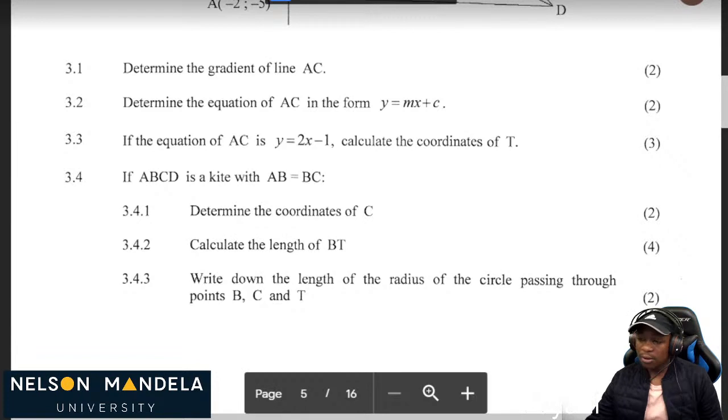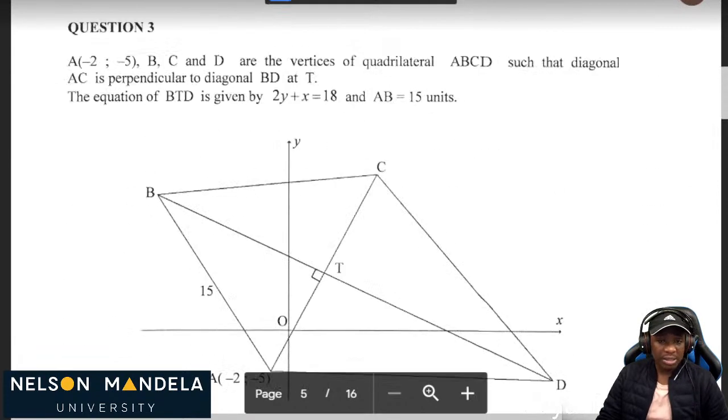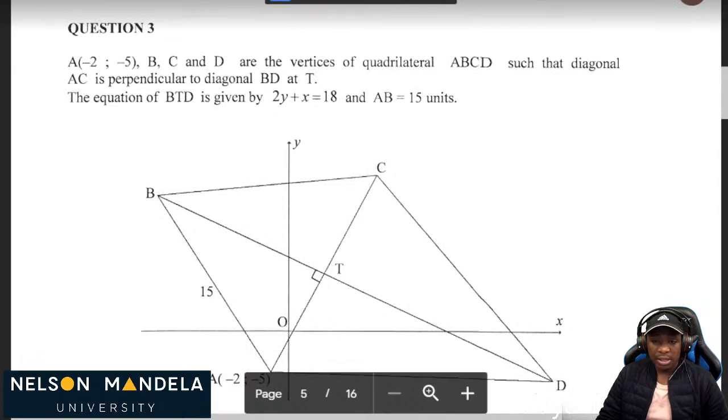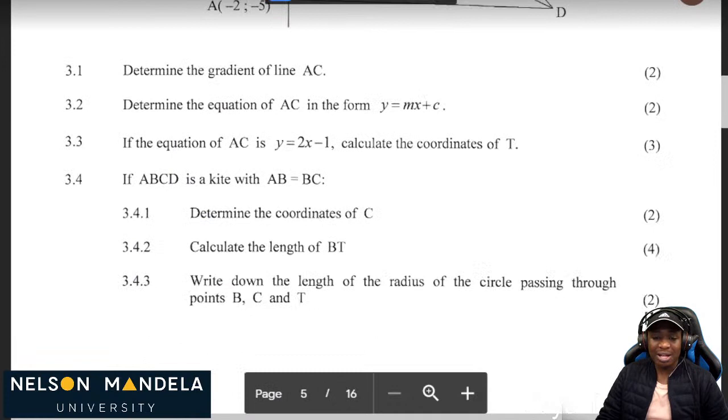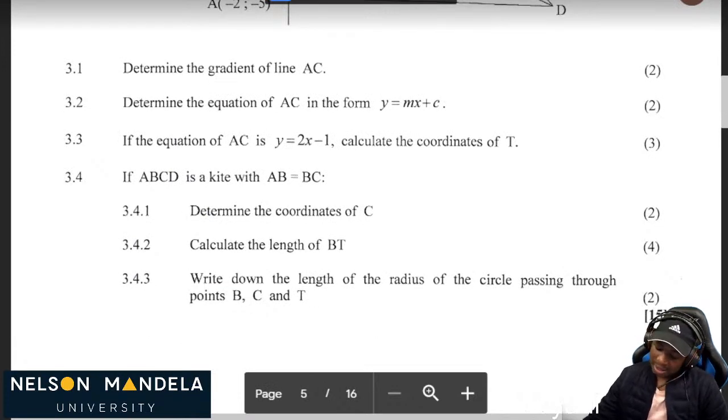Moving forward now, they're saying write down the length of the radius of the circle passing through points B, C, T. Where is BCT? There is a circle. Write down the radius. We know that the radius is the line from the center to the circumference. So let's say this is our circle.